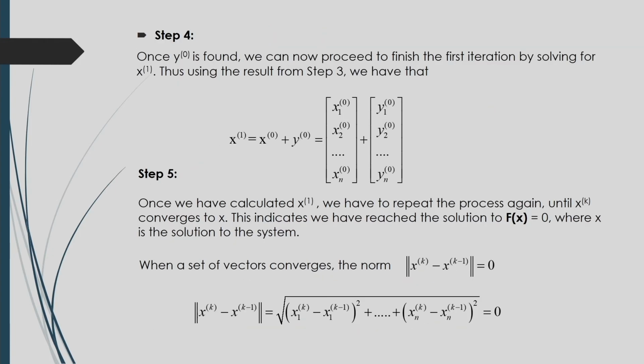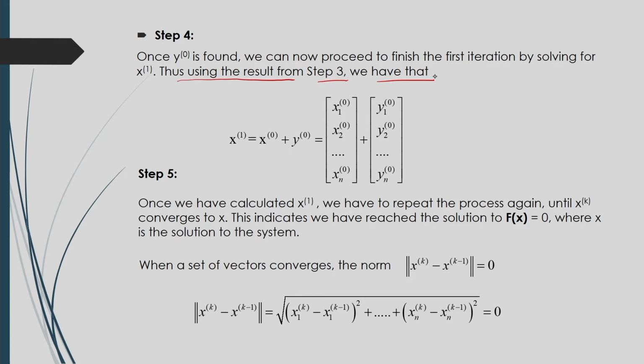And then in step 4, once y0 is found, we can proceed to finish the first iteration by solving for x1, using the result from step 3.